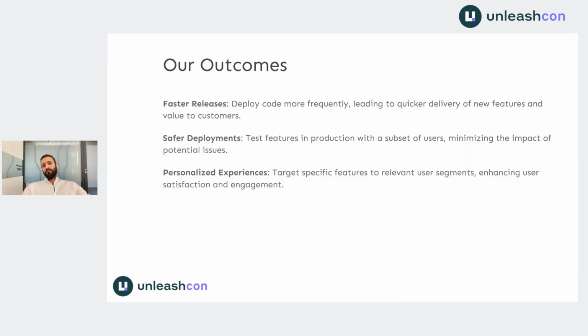At the end, the outcome from all of this, now we have faster releases, so we deploy the code more frequently and with more confidence, of course, because we have the way to handle and control the risks.